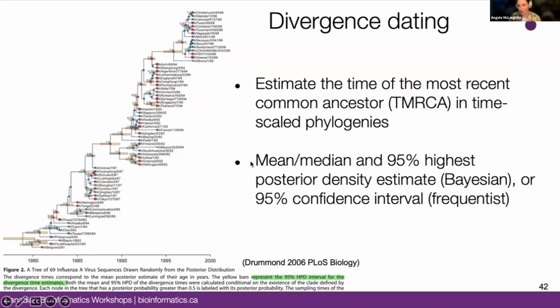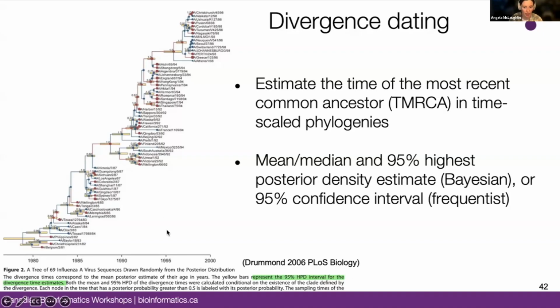A good practice is to not just report a central mean or median value for this, but to always include a confidence interval, whether that's a highest posterior density, HPD, estimate in a Bayesian framework, or if you're using frequentist or maximum likelihood inference, a confidence interval across bootstraps or across resampled branch lengths in the tree.